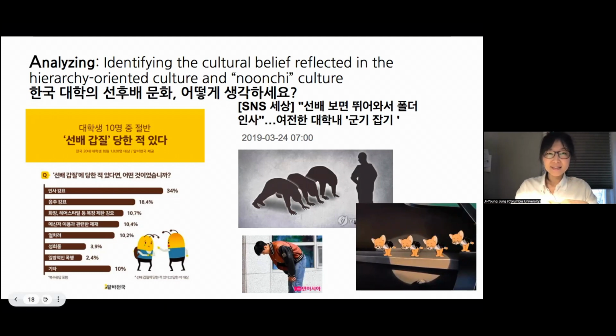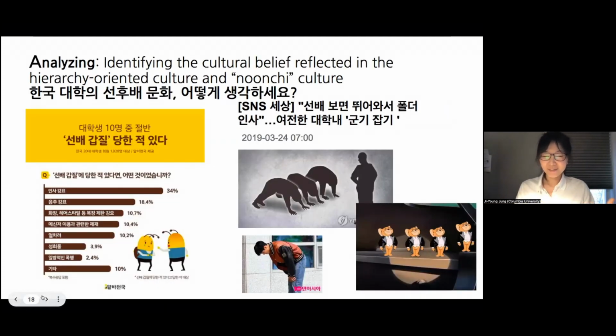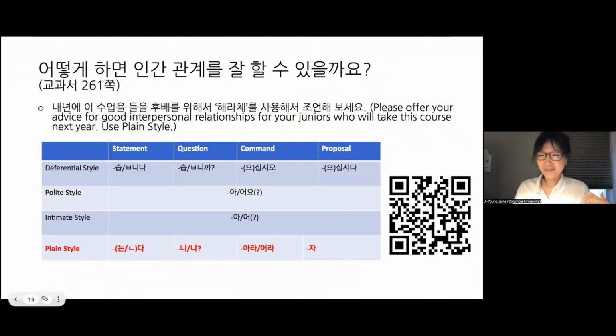And then I asked them what they thought about, how they felt about these practices in Korea. And then I asked their own opinions about how to manage a good interpersonal relationship with your friends and juniors or senior students.